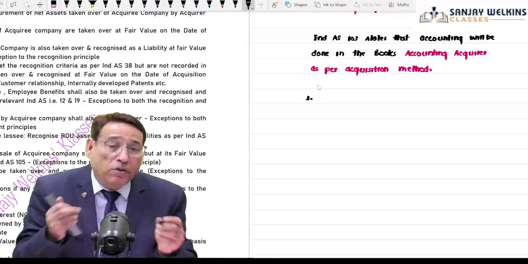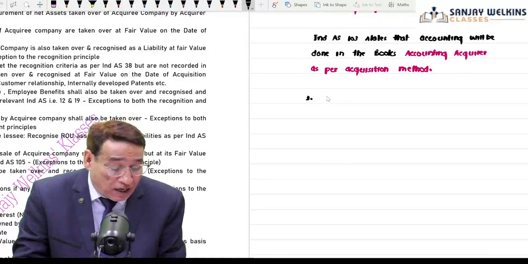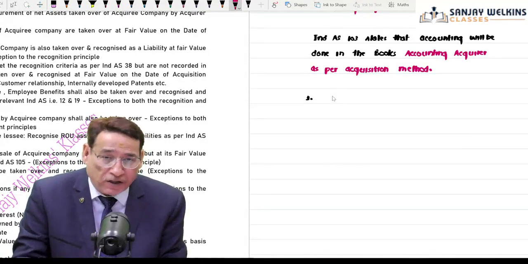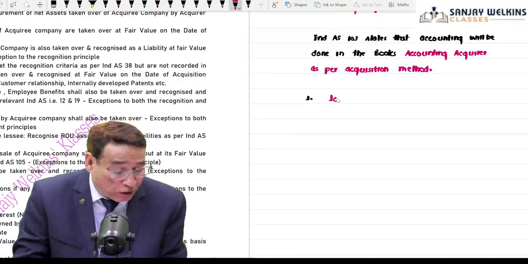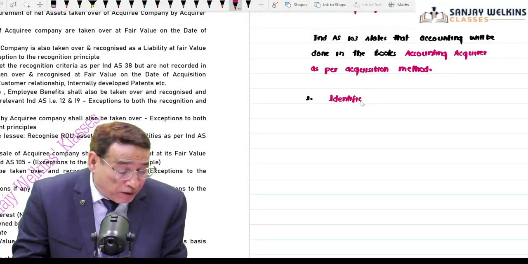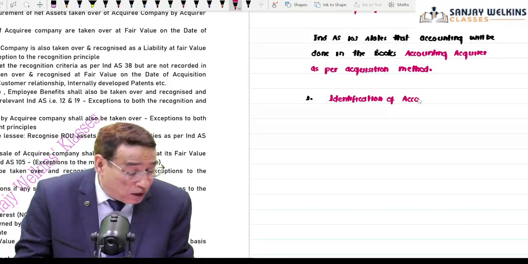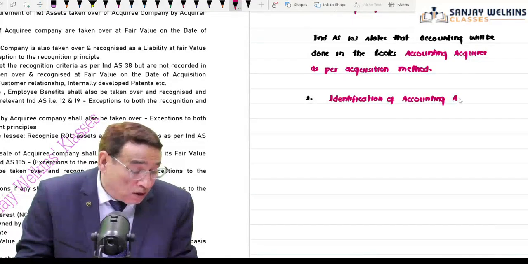So when we are going to do the accounting, your first and most prominent step is identification of accounting acquirer.